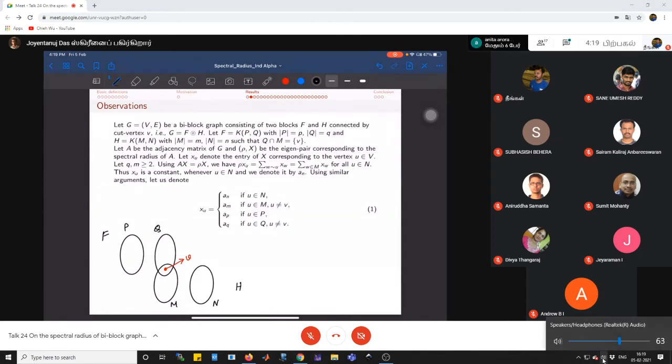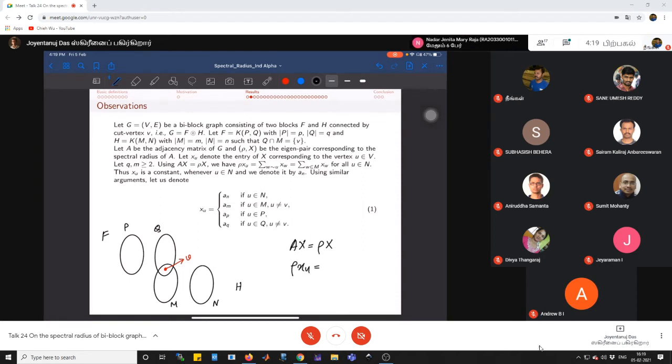Suppose A is the adjacency matrix of the graph G, and rho, X is the eigenpair. If X_u denotes the entry of X corresponding to the vertex u, then from the adjacency relation AX equal to rho X, we have the following: rho X_u is equal to the summation over w adjacent to u of X_w.